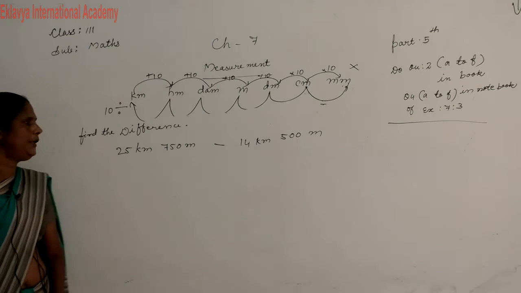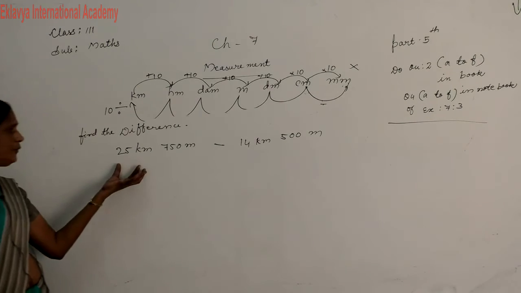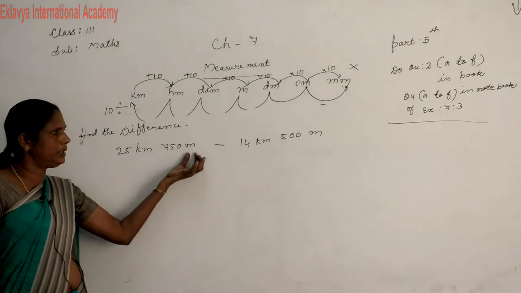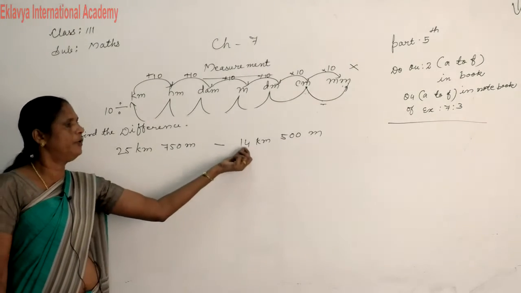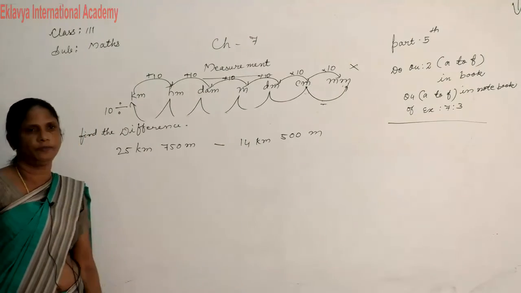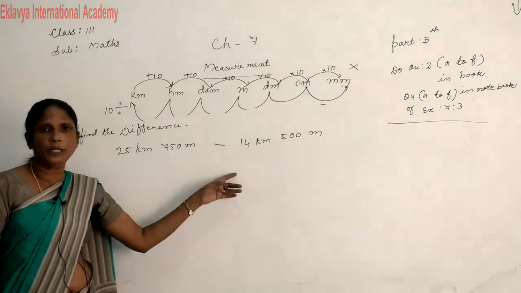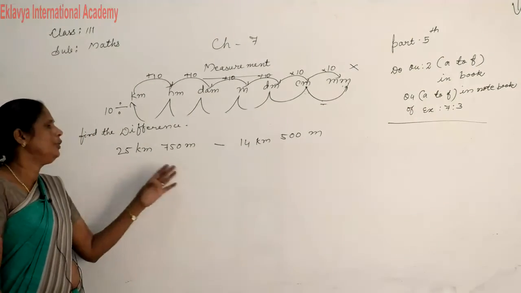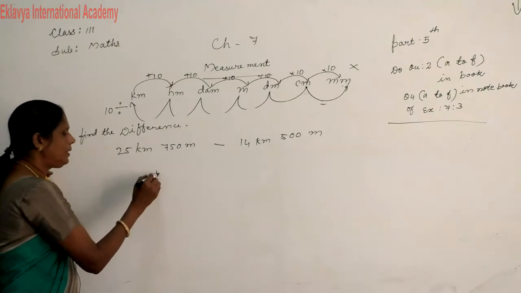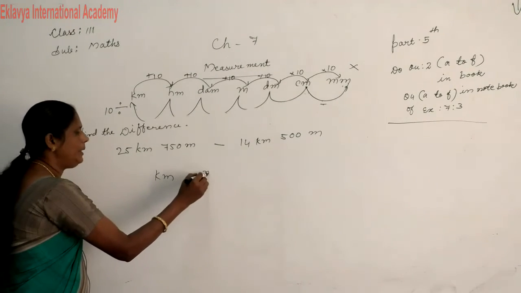Find the difference: 25 kilometer 750 meter minus 14 kilometer 500 meter. Any "from" word here? No. You write kilometer and meter.